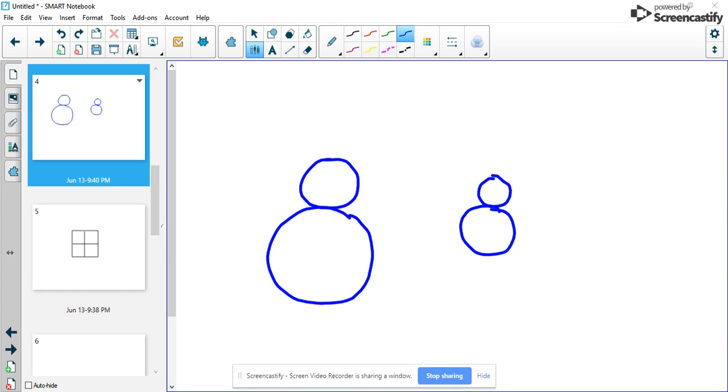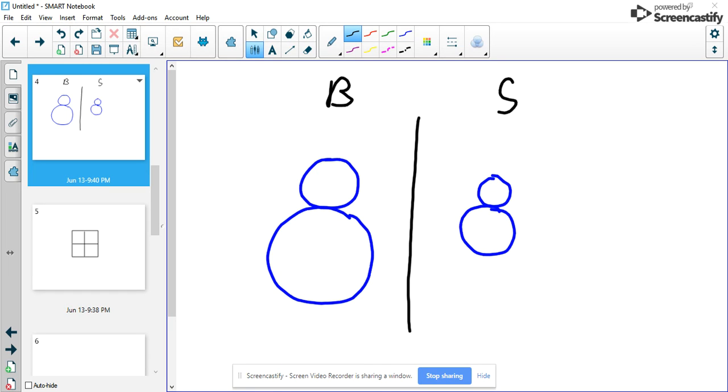So with proportional reasoning, we're going to think of this as a relationship between this snowman and this snowman, but there's also a relationship between the heads and the bodies. So I could draw this as a grid. We can divide this up. We've got a big snowman on the left, I'm going to say big, and we've got a small snowman on the right.